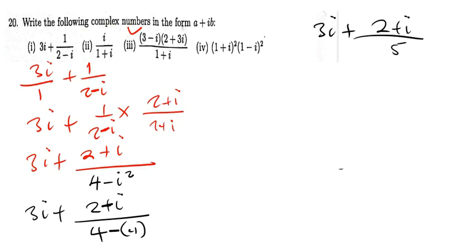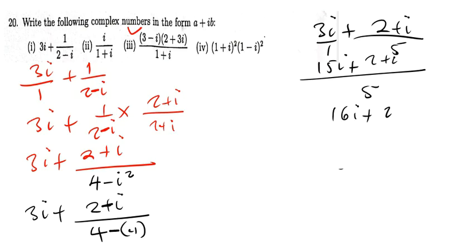So here there is 1, remember. The common denominator is 5. 1 times 5 is 5. 5 times 3 is 15I plus 5 times 1. So I'll have 2 plus I. 15I plus I is 16I, plus 2, divided by 5.